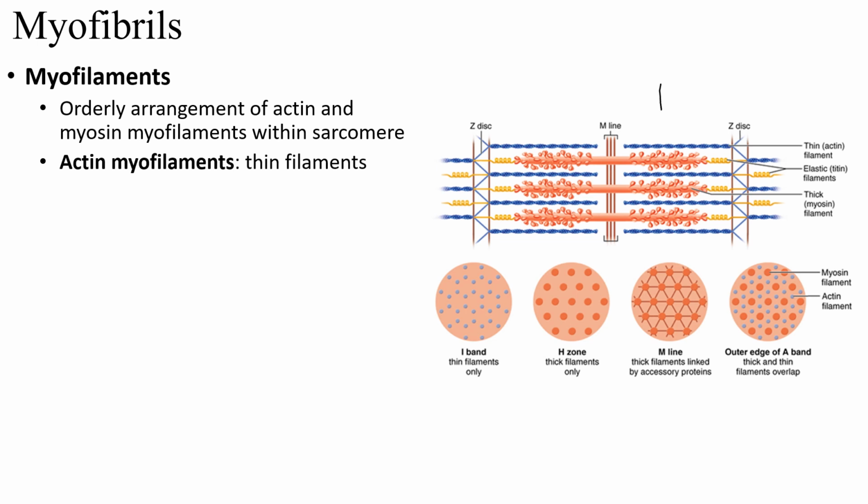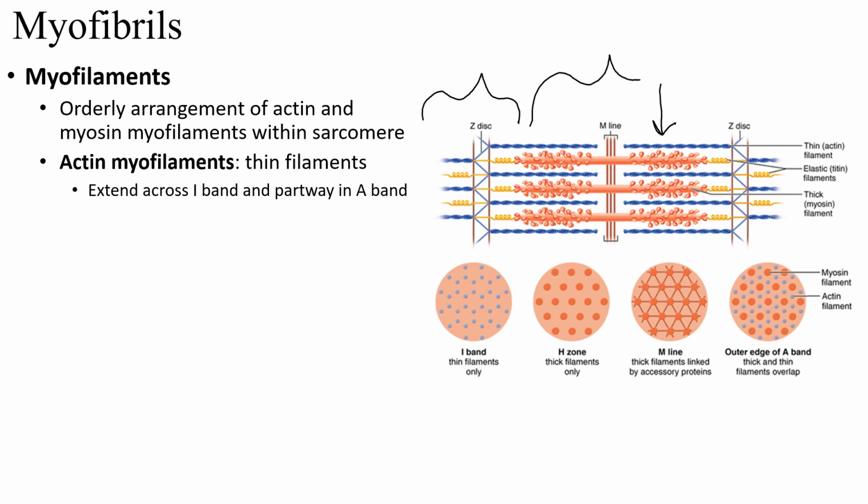Okay, so in this image, the blue lines are going to be the actin microfilaments. They are going to extend across kind of the I band. So if this is the I band and this is the A band, you're going to see that the blue is going to kind of occupy both of those regions.